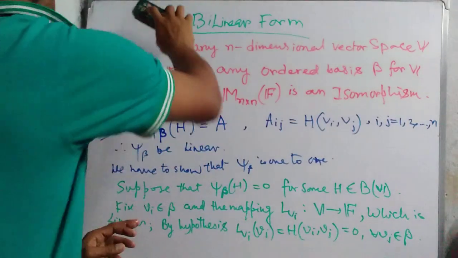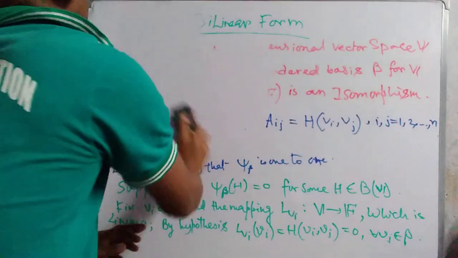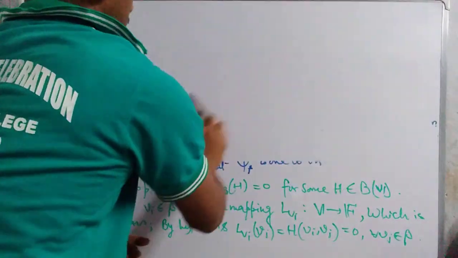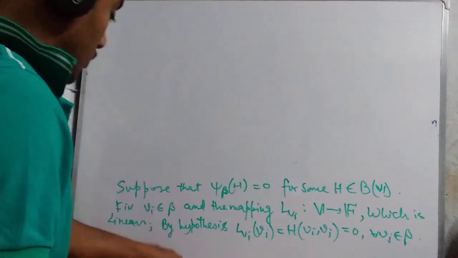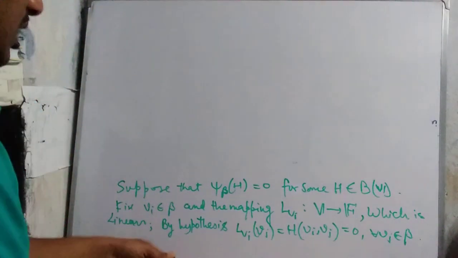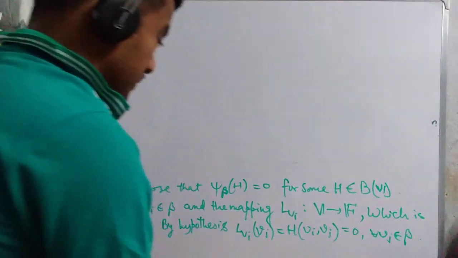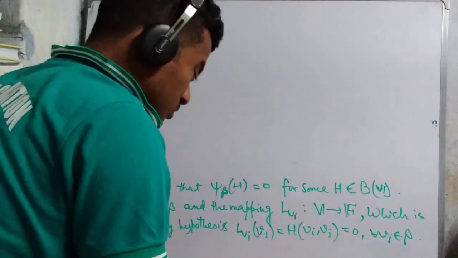So L of v i equals h of v i, v j for all v j belonging to beta.